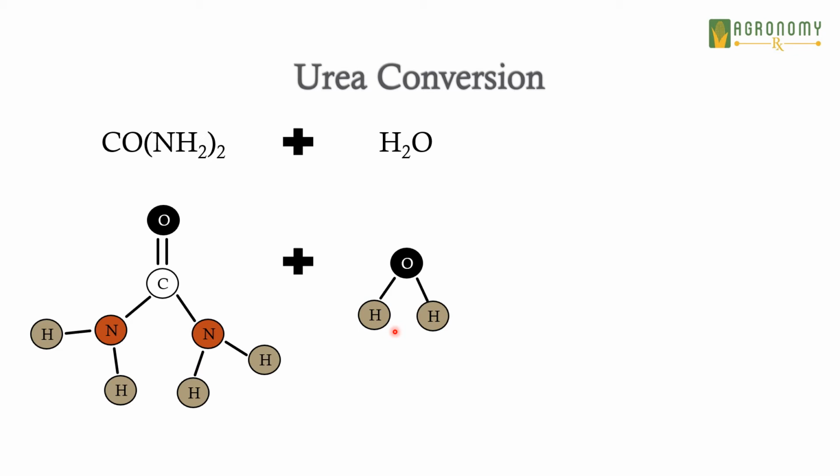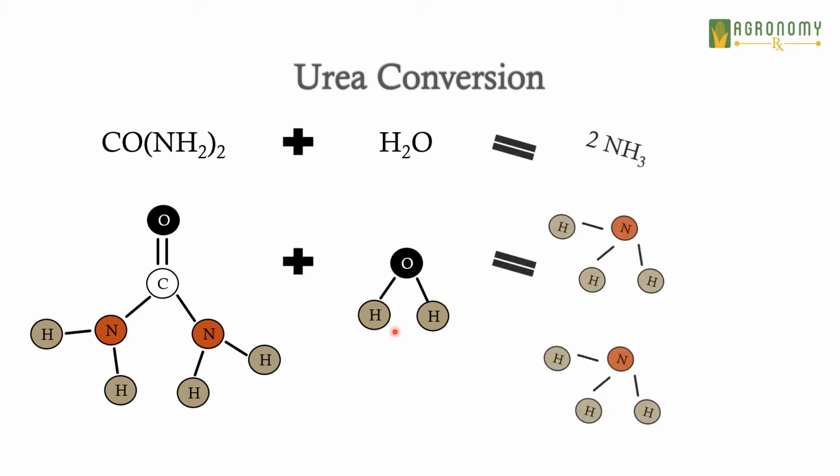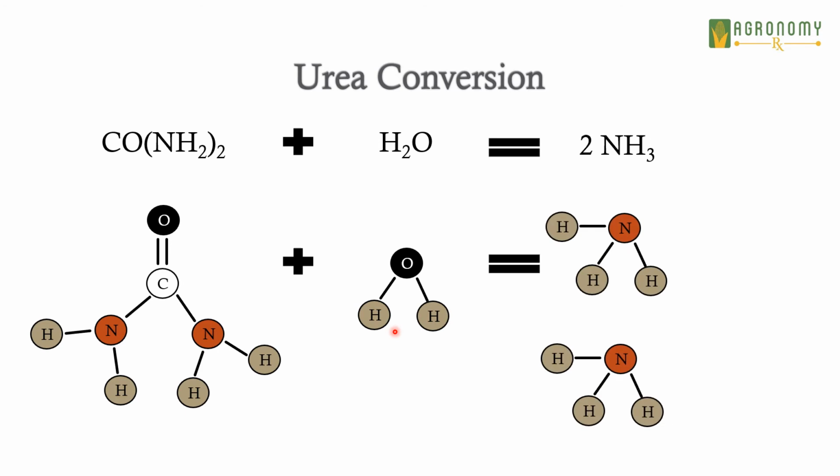So urea reacts with water, and when those molecules get intertwined, we end up with 2 ammonia particles. You can see the hydrogens move over, and everything has to be balanced, and so that then leaves us with carbon dioxide, which can be lost into the air.